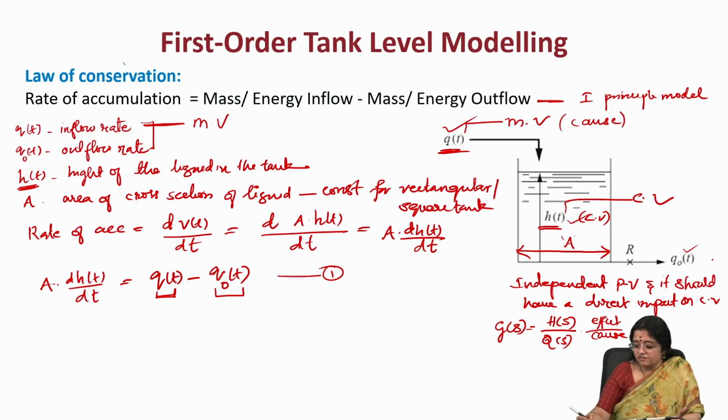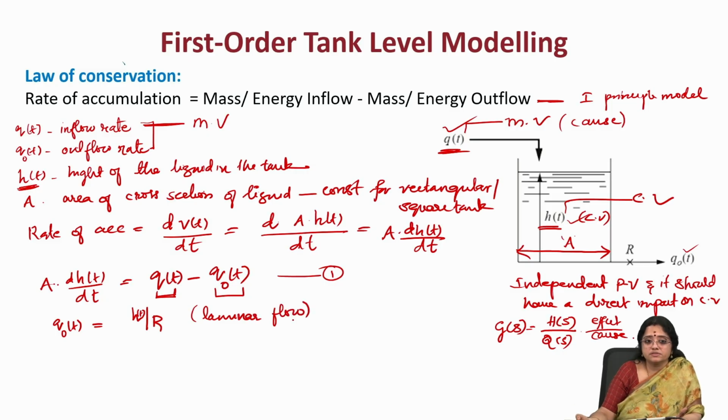If the physical understanding is known, then Q naught of t can be expressed as H of t by R for a laminar flow. Otherwise, it would be root of H by R if it is a turbulent flow.